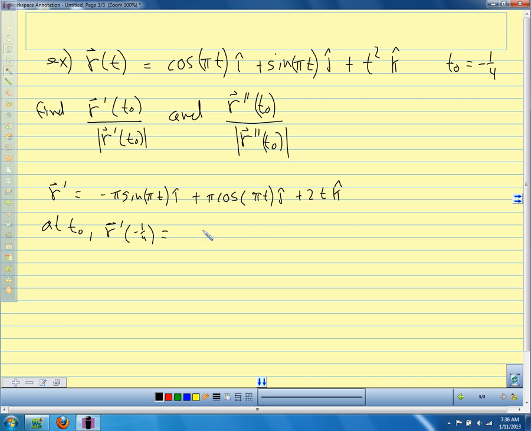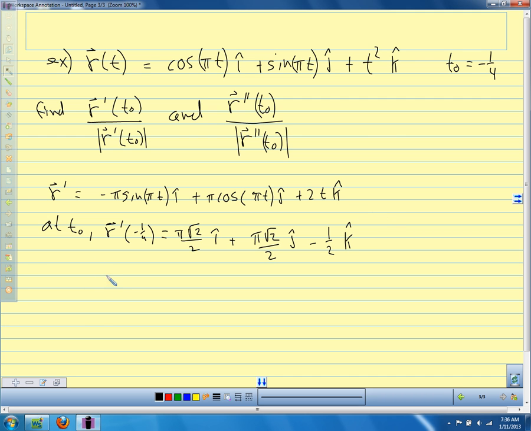I get pi square root 2 over 2 i plus pi square root 2 over 2 j minus 1/2 k. So I'm just plugging negative 1/4 in and calculating.